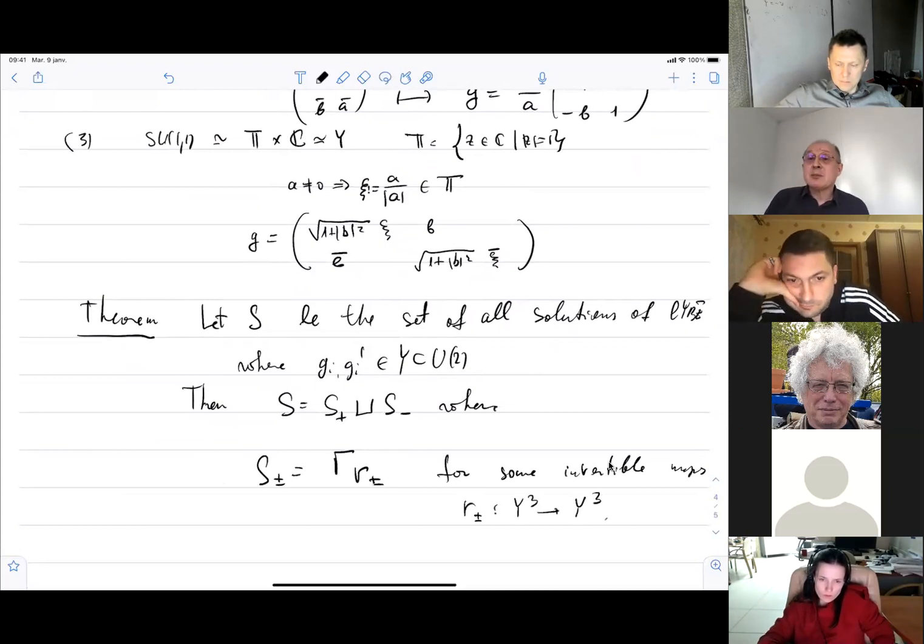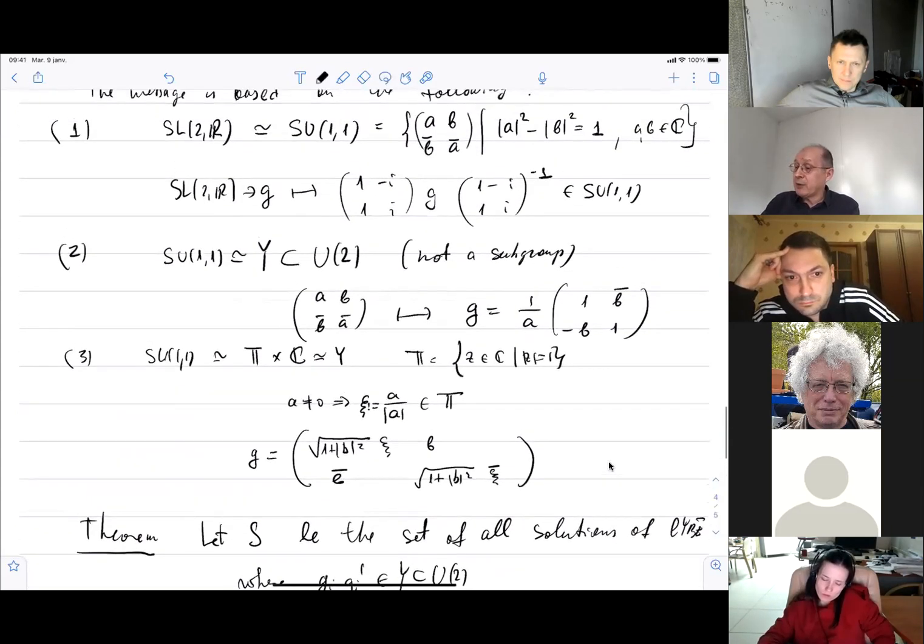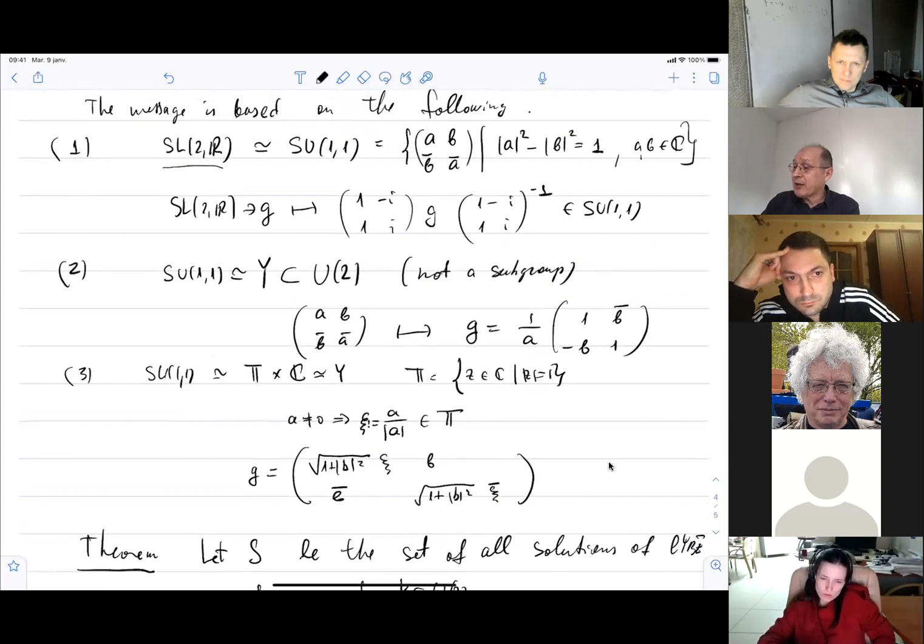But this time, the important point here is no singularities whatsoever. This is a well-defined map, which is not analytic because you see there are some absolute values, but otherwise it is a smooth, well-defined map from Y cube to Y cube, which is essentially the group manifold of the group SL2R.